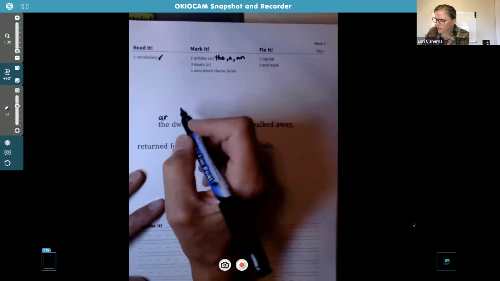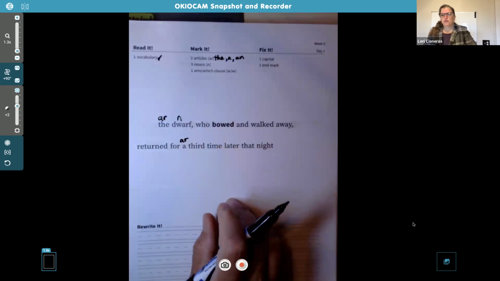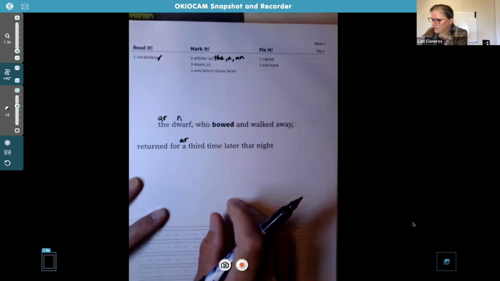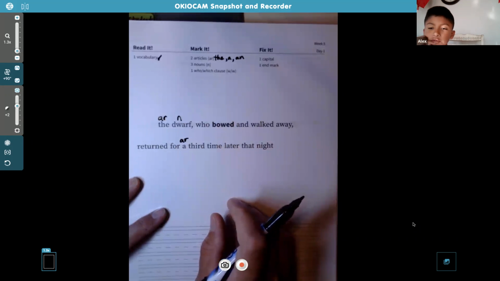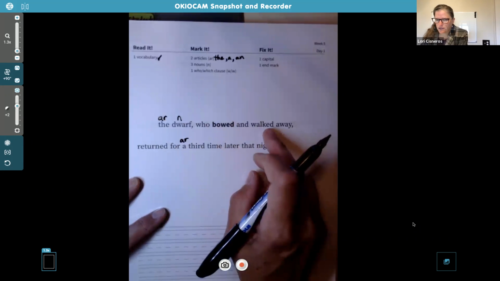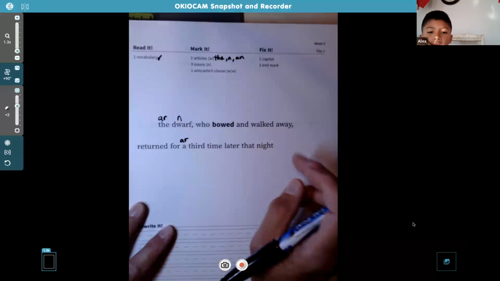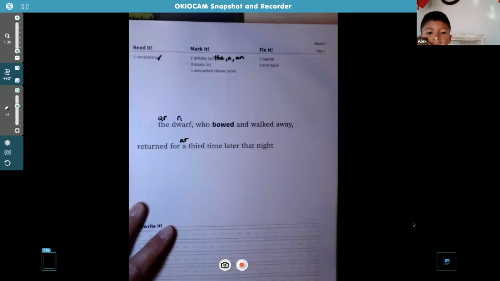Dwarf. Okay, good. That's a noun. Anybody want to help Cassie? These are a little trickier. Alex, which one do you think? Walked away. No, walk. That's a verb. No, that's an action. Anybody else have any ideas?